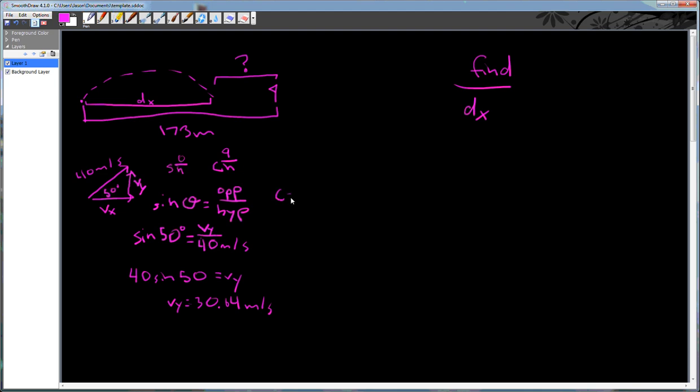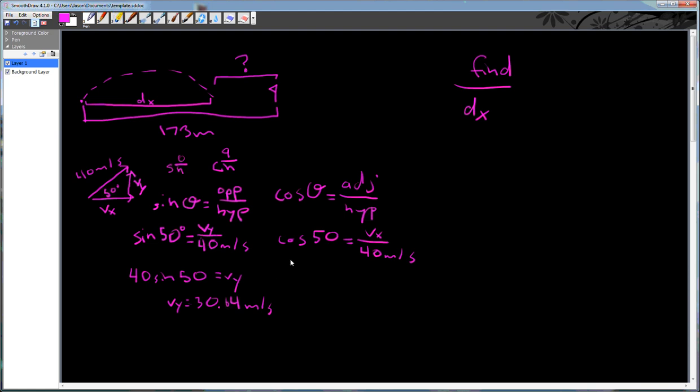Same thing over here with cosine. Cosine of theta is equal to the adjacent over the hypotenuse. Cosine of 50 is equal to Vx over our hypotenuse, which is 40 meters per second.